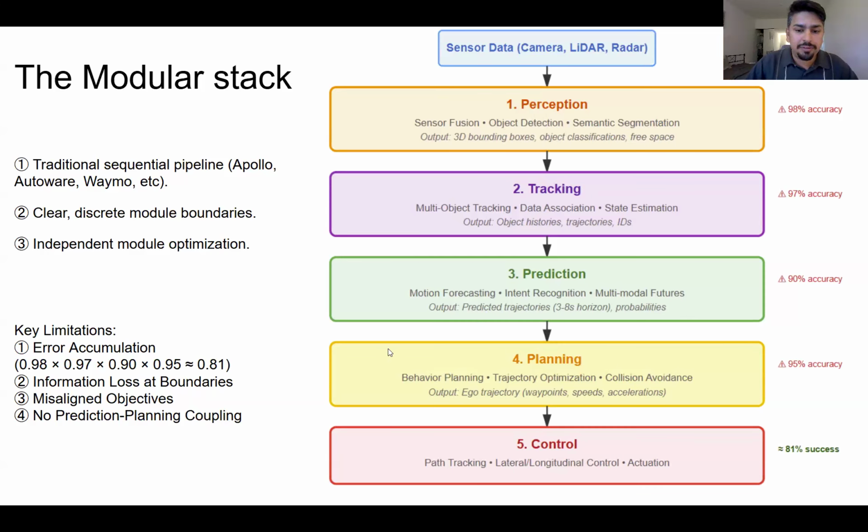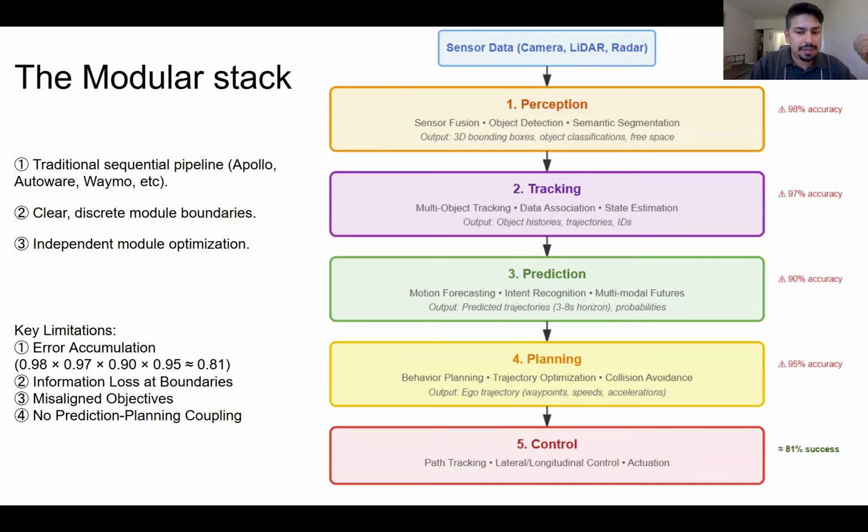The one that I have a lot more experience in is the planning stack. Planning itself is the interface between prediction and control. In most cases, the classical planning problem is further divided into hierarchical planning algorithms. So you have a route calculation or a high-level mission planner at first.